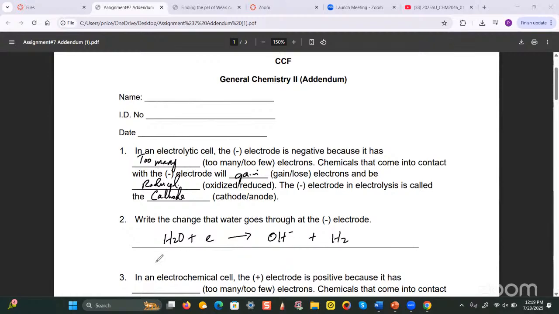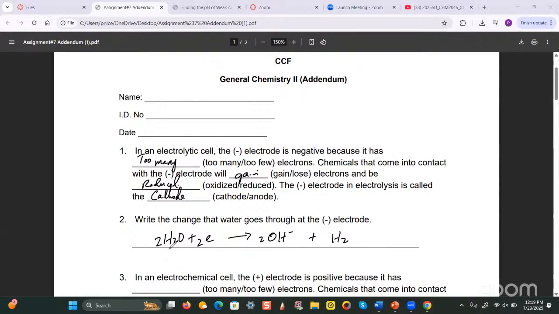To balance this, we're going to need a 2 here, 2 here, 2 here, and 2 electrons here. 4, 4, 2 oxygens, 2 oxygens, 2 negative charges. So this would be the half reaction that water will undergo at the cathode.